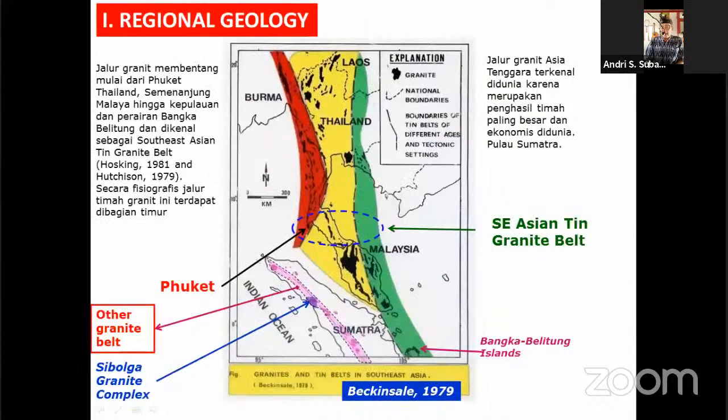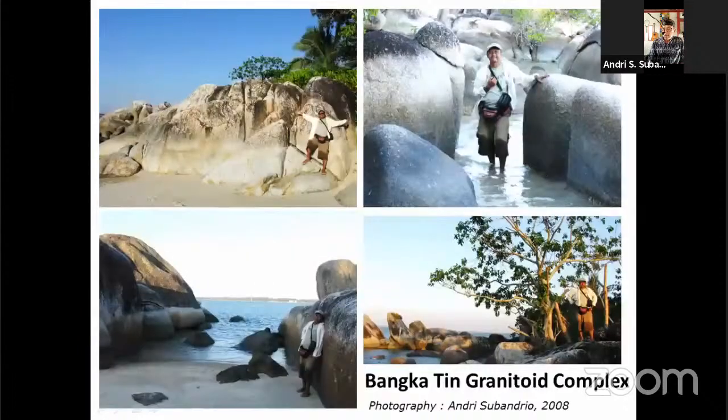So the regional area of the Sunda Shelf itself may be the richest area for tin granite, and that is why the offshore water between Sumatra and Kalimantan may also be rich in tin sand on the seabed. So this is the Bangka Tin Granite Complex, that is the root, I think.